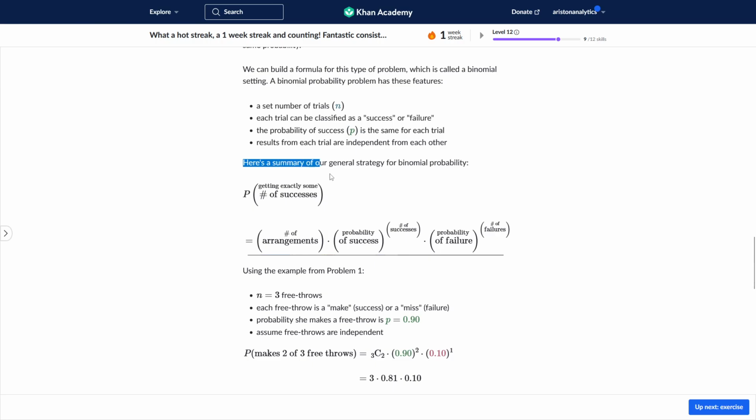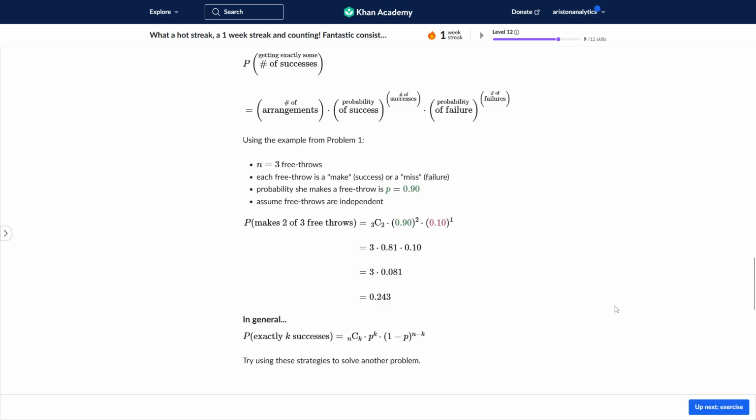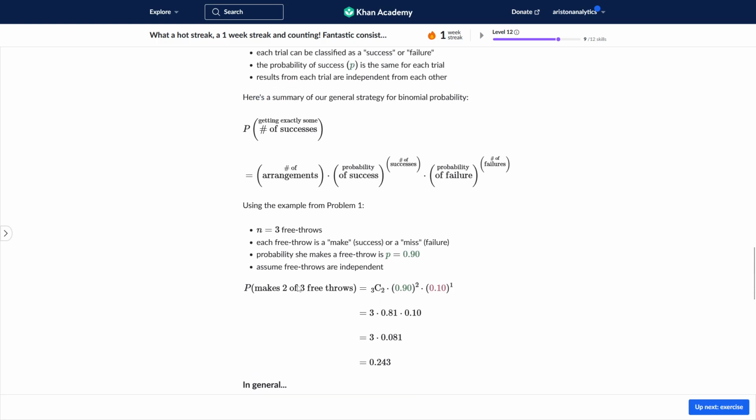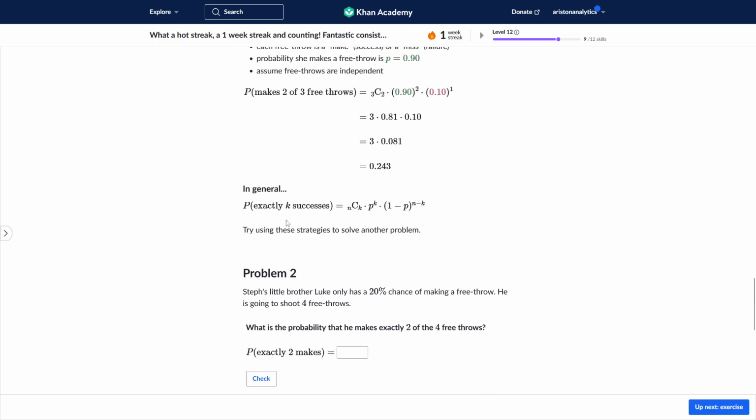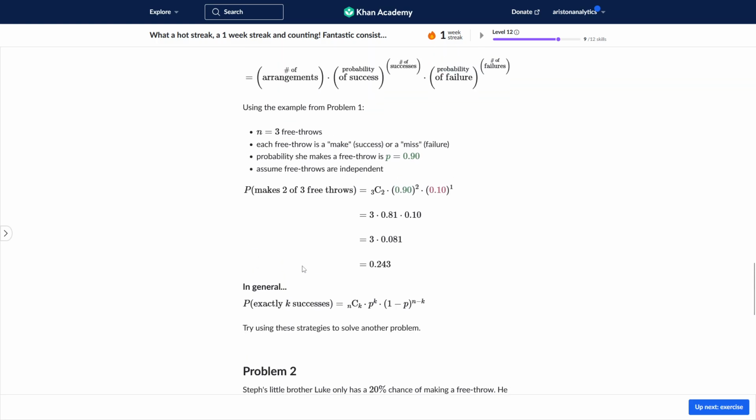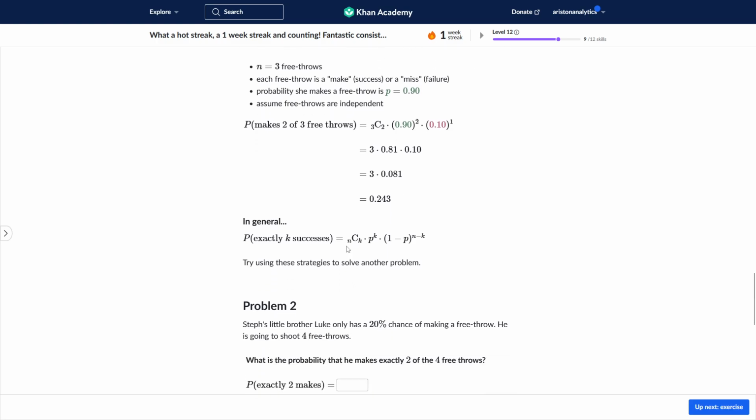And this is just a long way of saying you get the probability for one scenario, and then you multiply it by all the ways to get that scenario using the combinations formula. In general, this first half, the combinations part, the capital C, that's all the ways that you can succeed given what you're looking for.